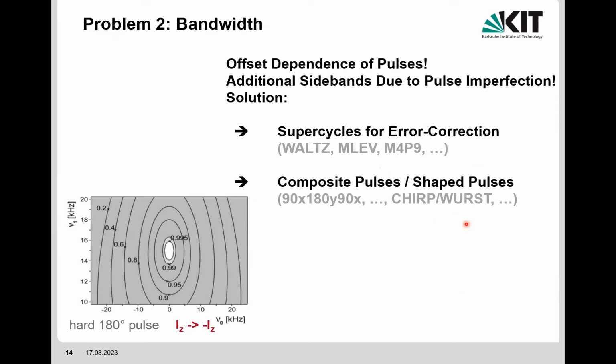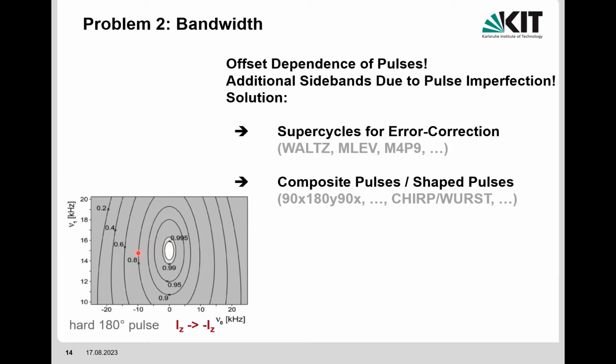What I showed here on the left lower side is the transfer efficiency of Iz to minus Iz of a hard pulse. When we apply it with a nominal field of 15 kilohertz, we have good inversion on resonance. But when we get 10 kilohertz off, we have an efficiency of less than 80%. And that in a decoupling sequence would not be tolerable either.